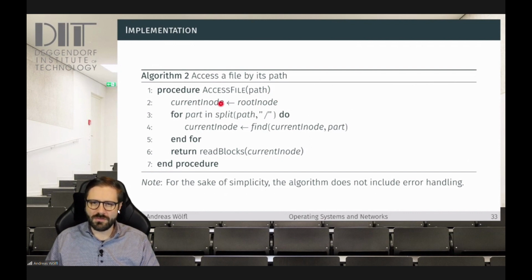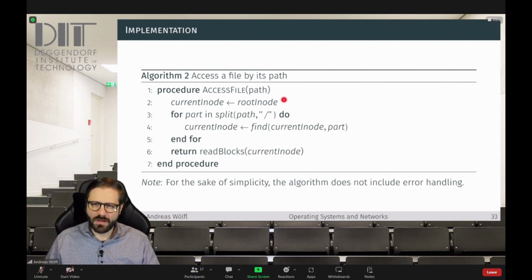We always start with an inode of the root directory. So we introduce a variable, current inode, and we set the value of our variable to the inode number of the root directory. This is known, typically the inode number of the root directory is 2 by definition.